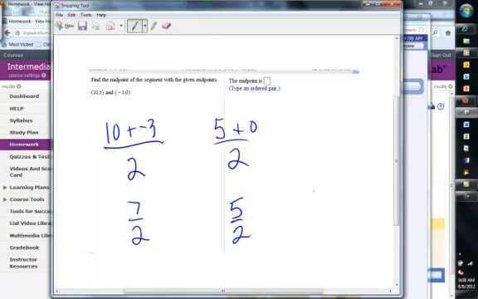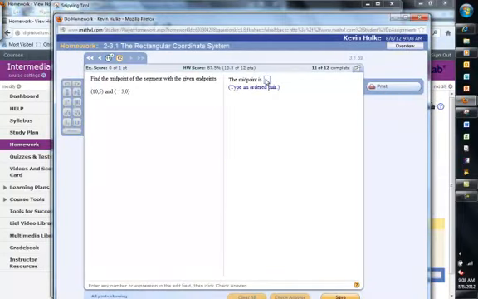So it'd be 7/2, 5/2. So the midpoint is fraction 7/2 and then fraction 5/2.